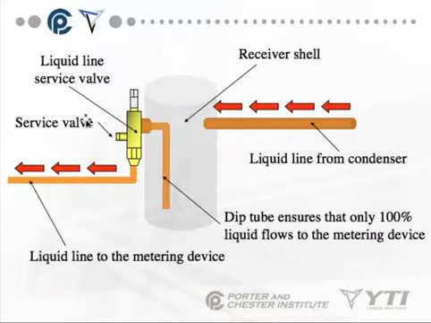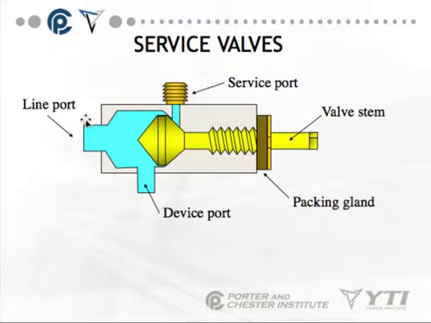So again, here's the example of the King valve or liquid line service valve. If you look at this picture, you can see what we're talking about, having three positions. We have the service port, we have the device port, and we have the liquid port. In this picture, the valve is back-seated.